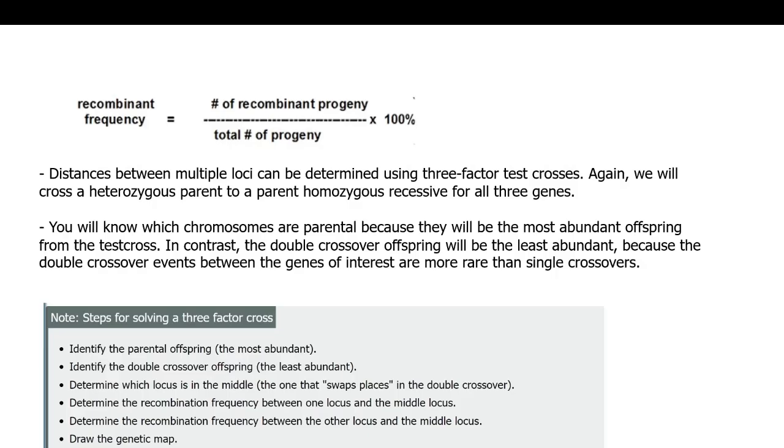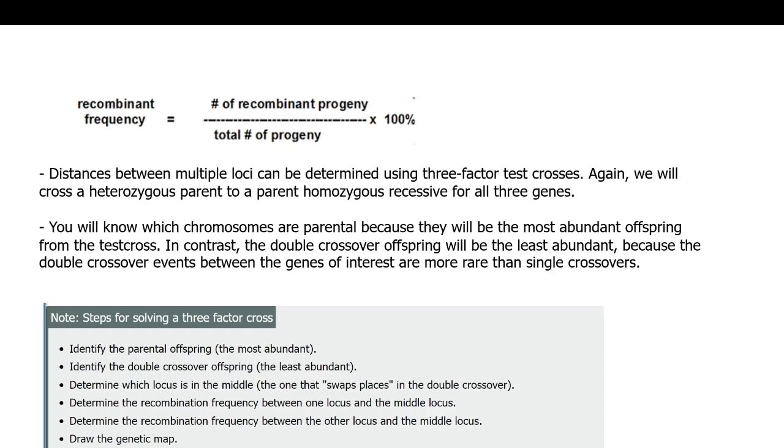Now, what you should do is determine the recombinant frequency between one locus and the middle locus. If it is A, B, and C, then you need to determine the distance or the recombinant frequency between the first locus and the middle locus.